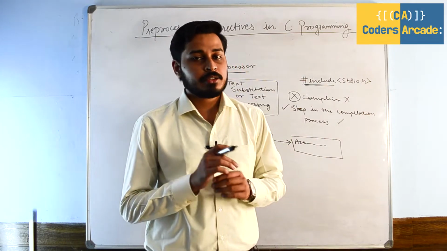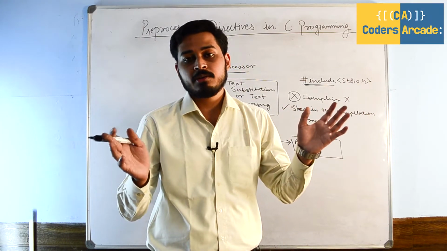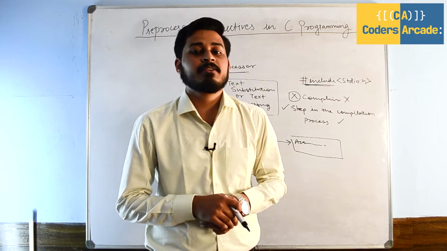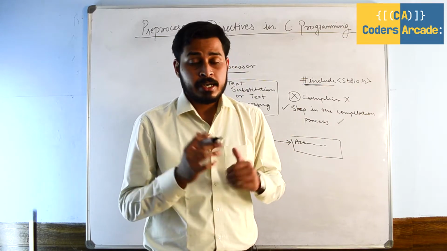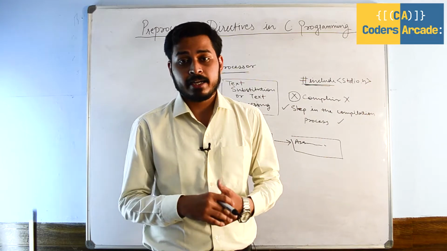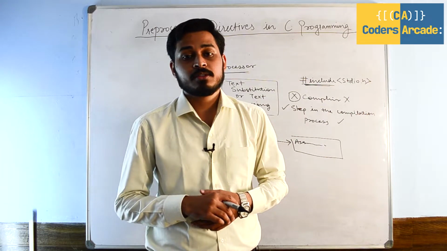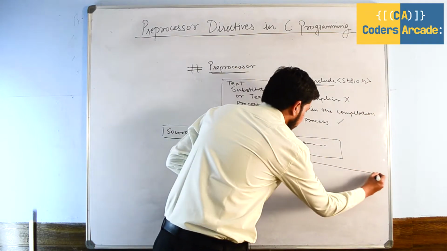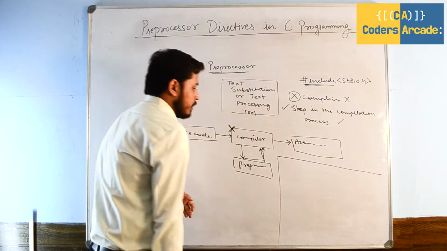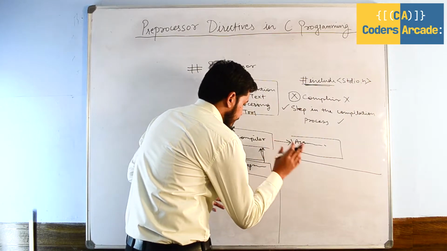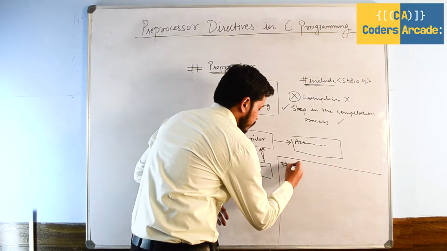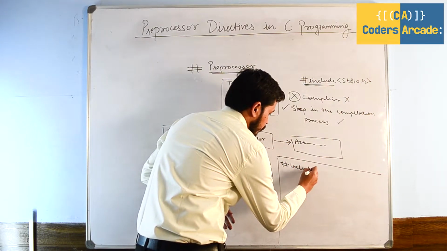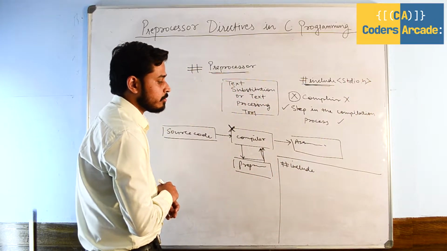Now let us see different types of preprocessor directives. Actually, there are totally 11 or 12 important preprocessor directives that you will encounter many times. Here I will write examples. We have hash include, the most used one, which everyone knows.